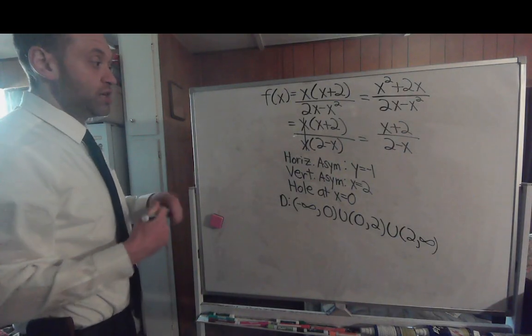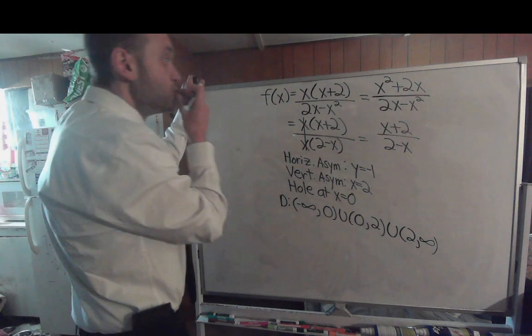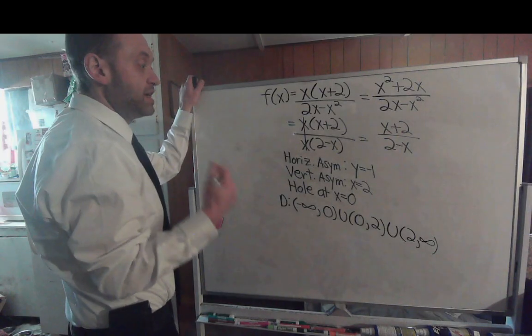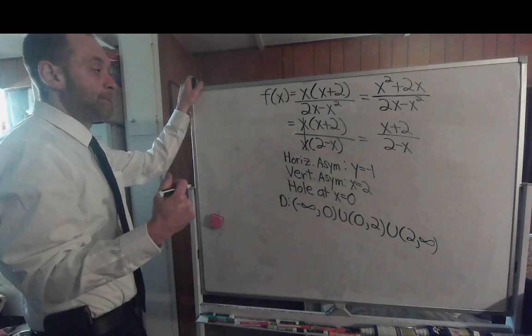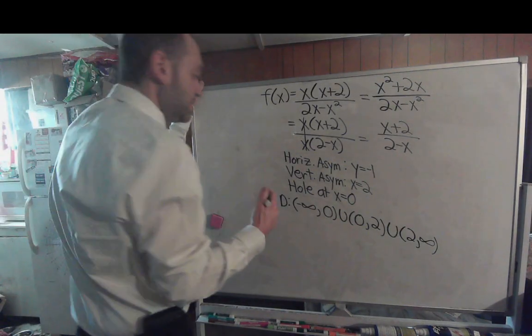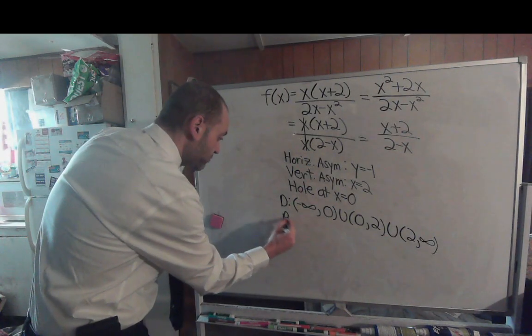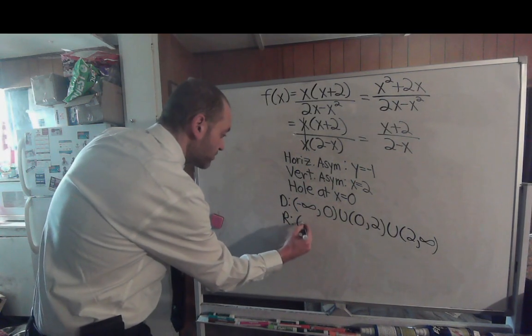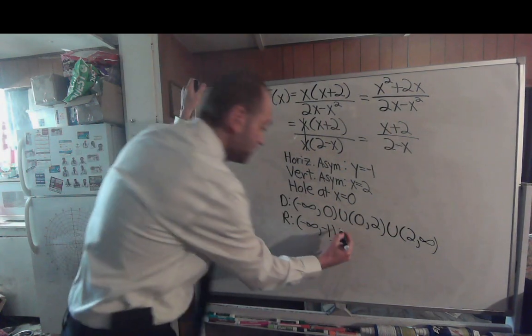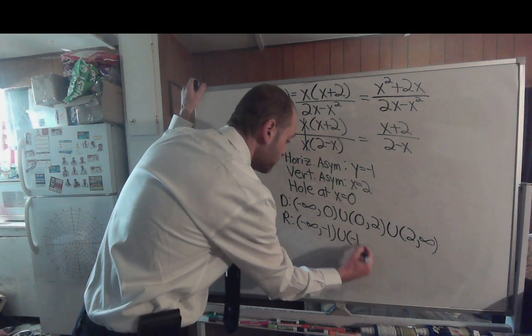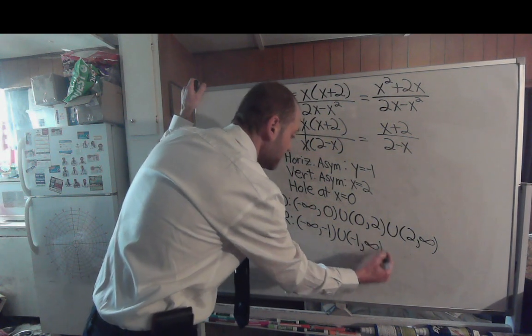Now your range, of course, you're still going to get infinitely closer and closer to -1. So you'll end up having a range from negative infinity to -1 non-inclusive in union with -1 non-inclusive to infinity.